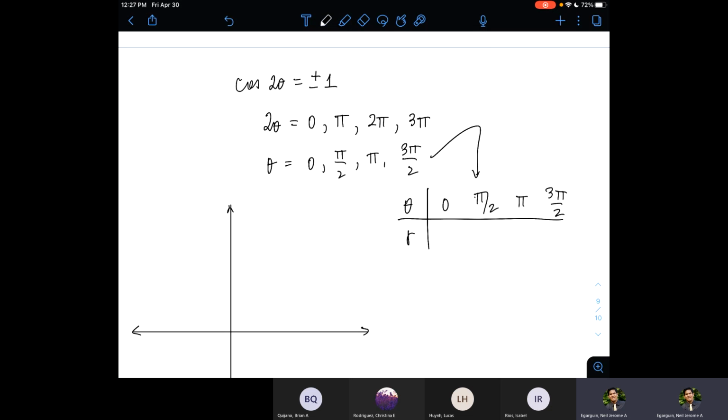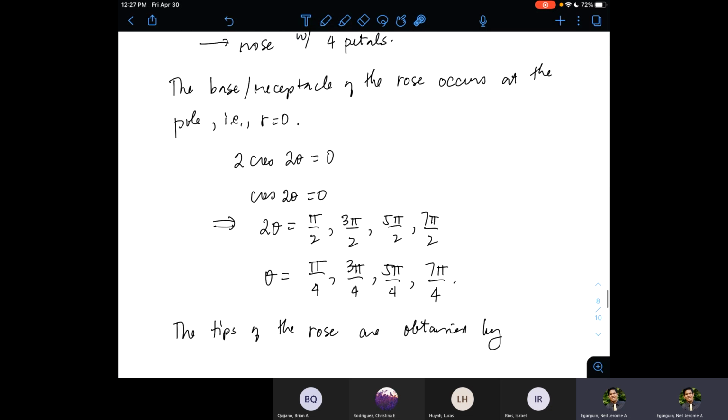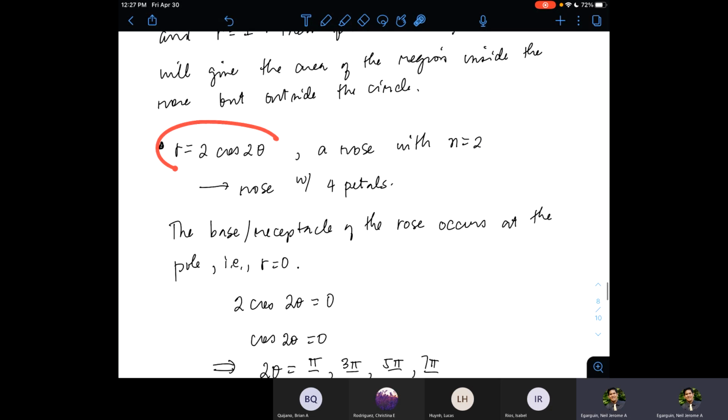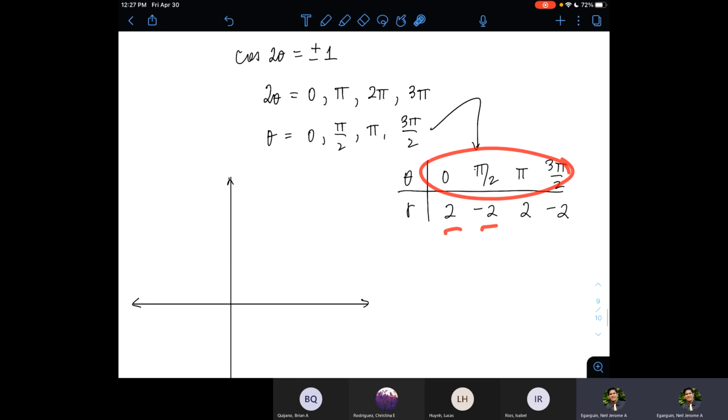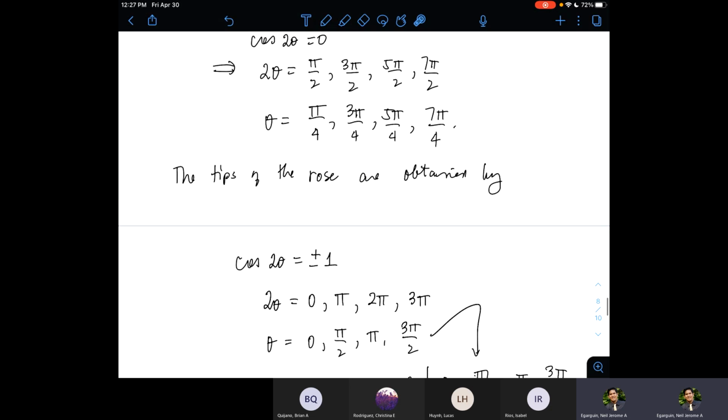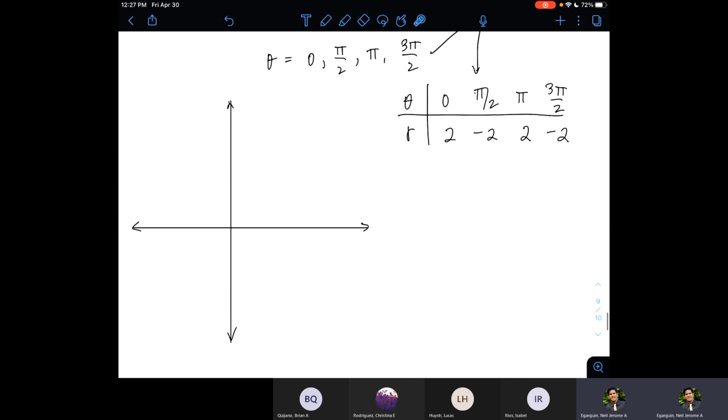We knew that this would give us 2, negative 2, 2, negative 2, right? If I plug these theta values into the equation for r, you get 2, minus 2, 2, and minus 2. All right. And then remember, we also have the receptacles at pi over 4, 3 pi over 4, 5 pi over 4, and 7 pi over 4.